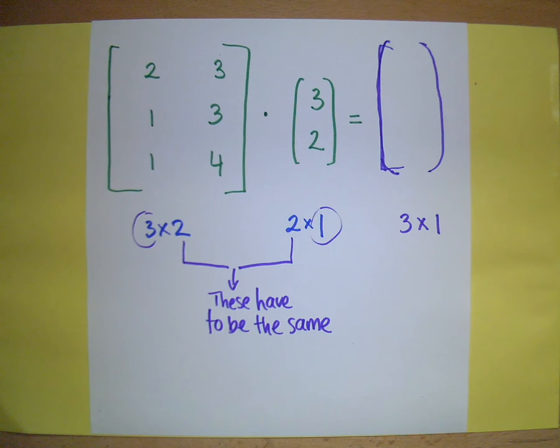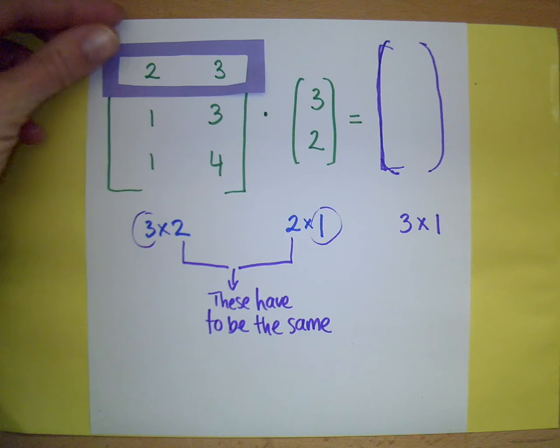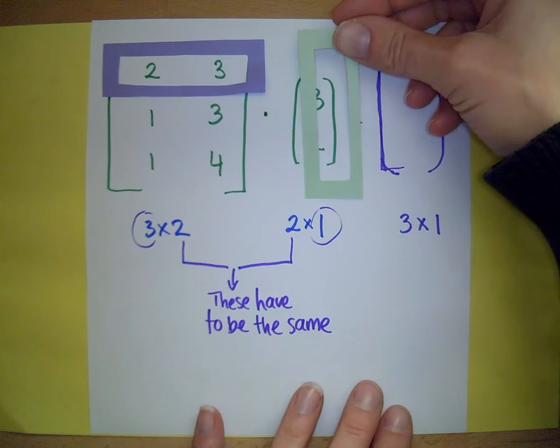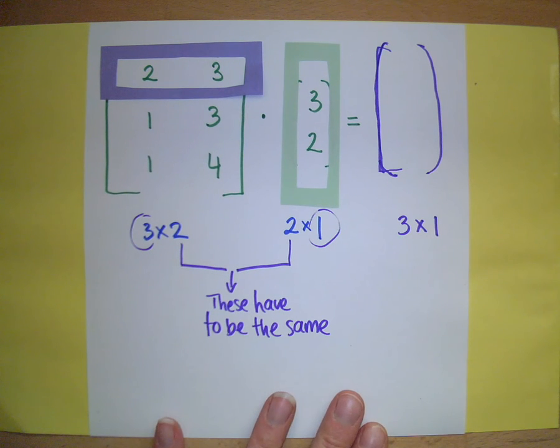Now, how do we solve it? Let me show you. We need to keep track of where we are. That's why I made these little things. We're going to start with our first row, and we're going to multiply it by this column.